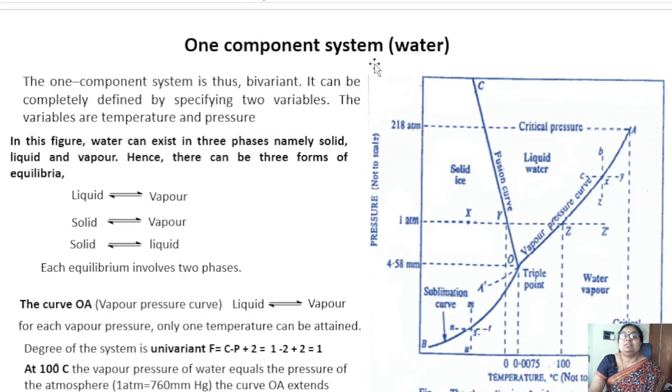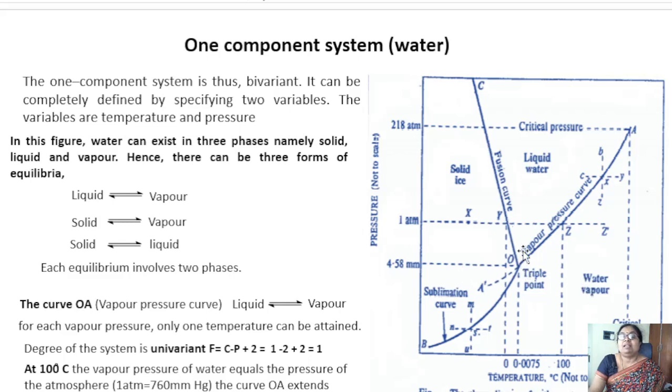The one component water system is bivariant. It can be completely defined by specifying two variables, temperature and pressure. In this figure, water can exist in three phases, namely solid, liquid and vapor phases.